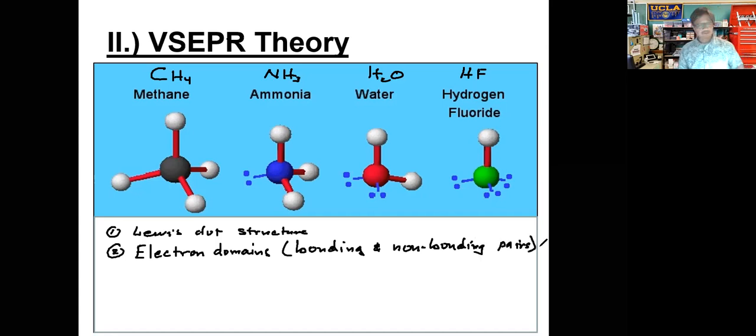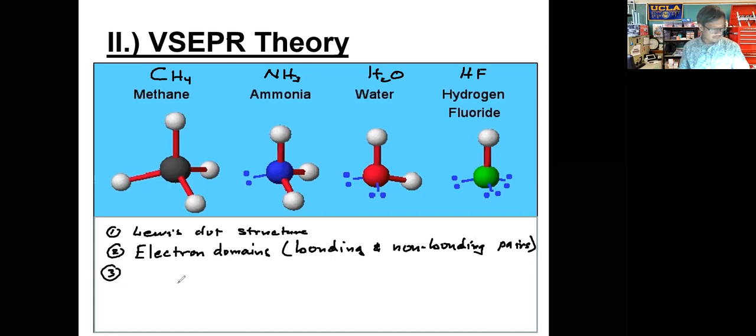And remember, when it comes to electron domains, we treat single bonds, double bonds, and triple bonds all as a single type of electron domain. They don't represent anything different. Okay? So you want to be able to characterize the molecule by its electron domains.